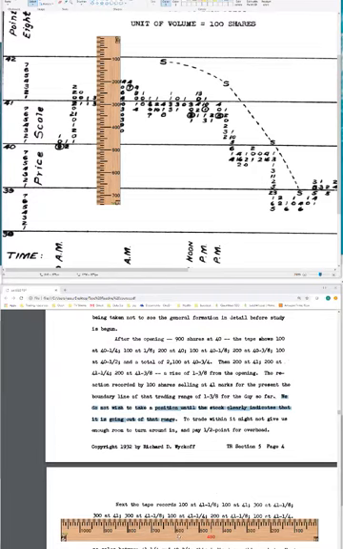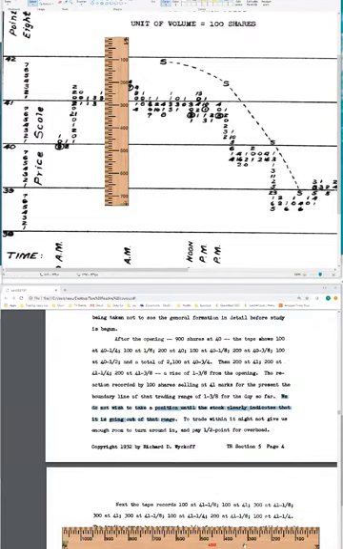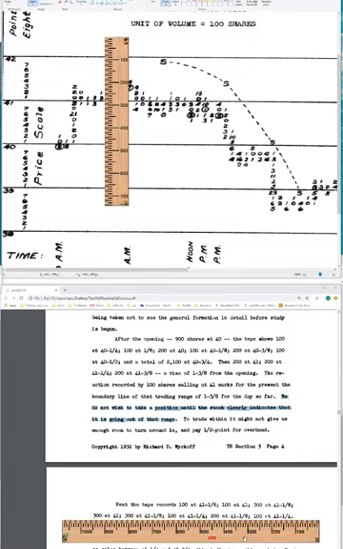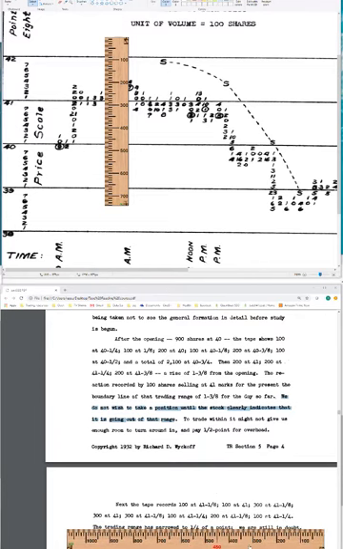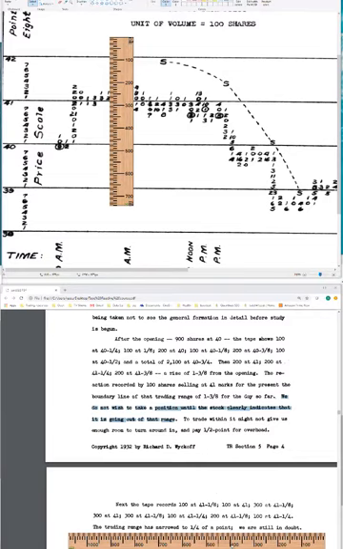So 300 at 41 and 1/8 again, then 100 at 41 and 1/4. That's that print right up there. 200 at 41 and 1/8, and 100 at 41 and 1/4. The trading range has narrowed.